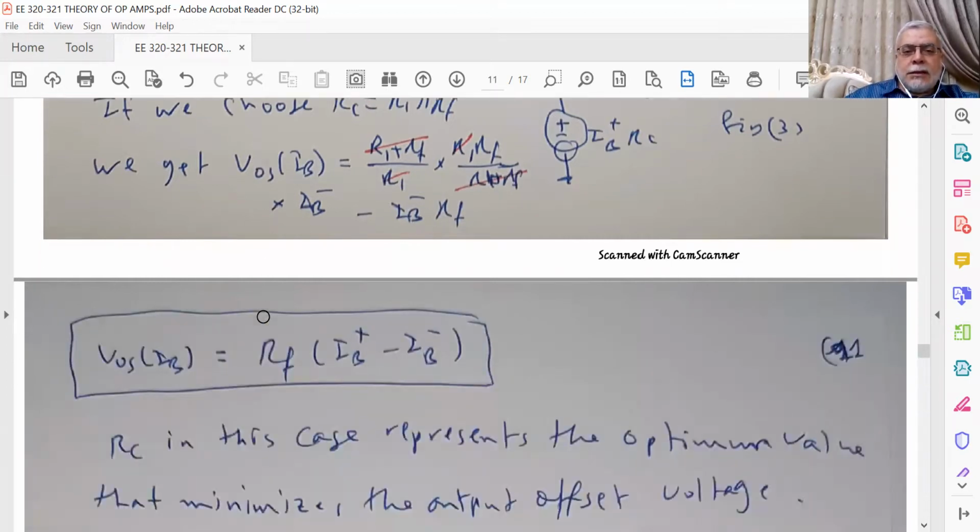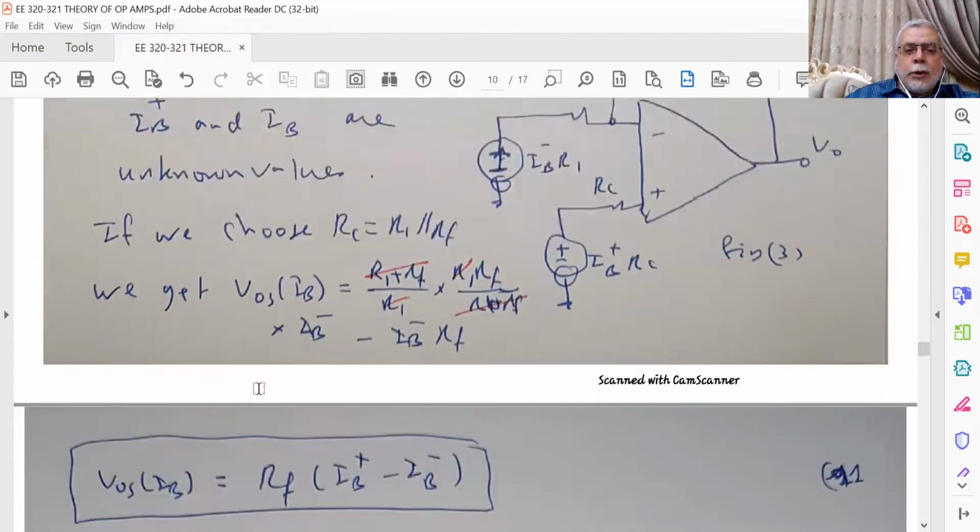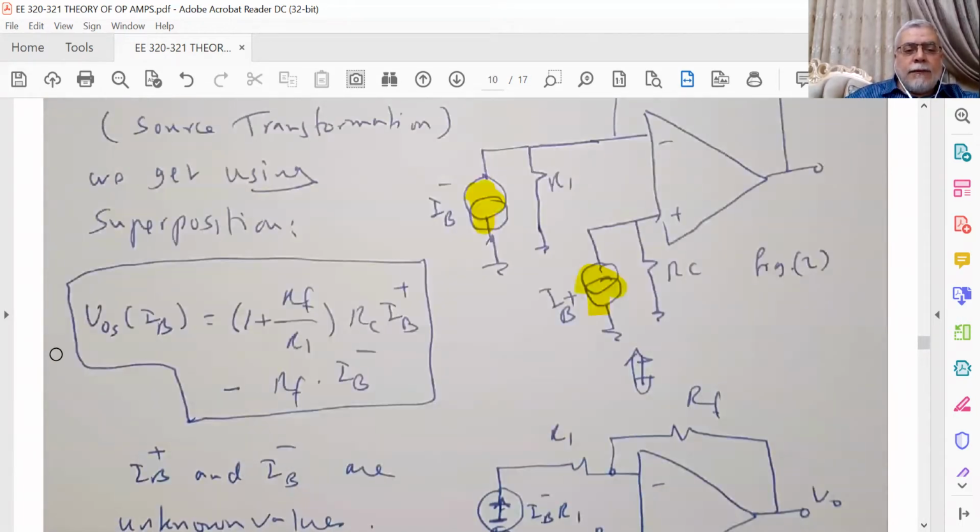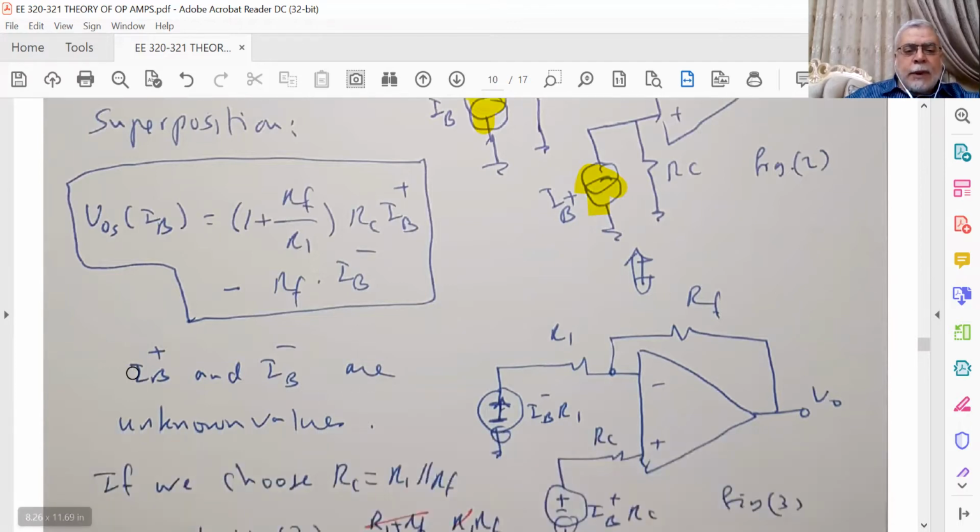Simplifying this expression, we get V offset due to the input bias current equal to (1 plus RF divided by R1) times (RC IB plus minus RF IB minus). IB plus and IB minus are unknown values.